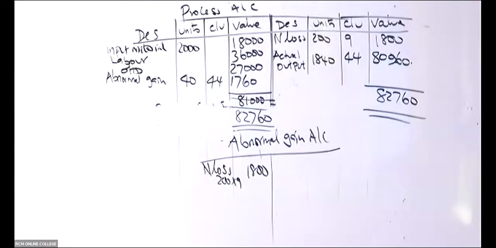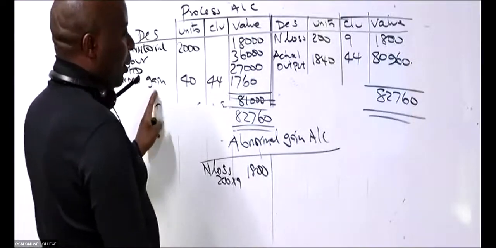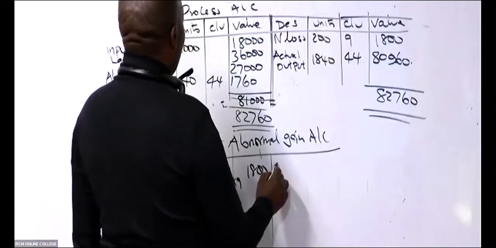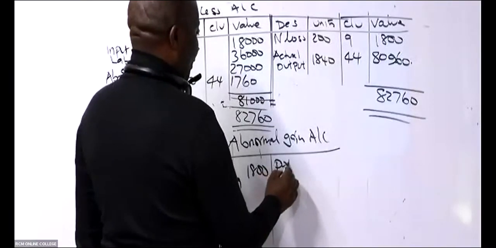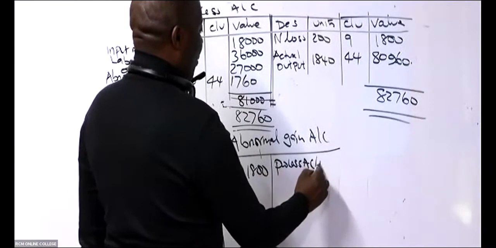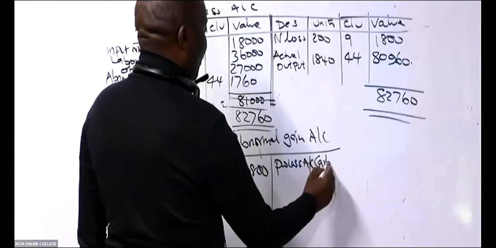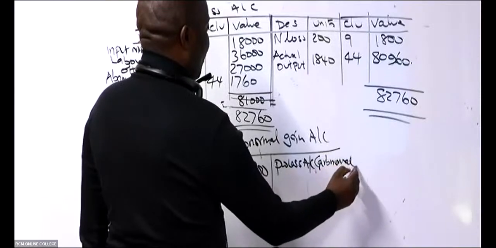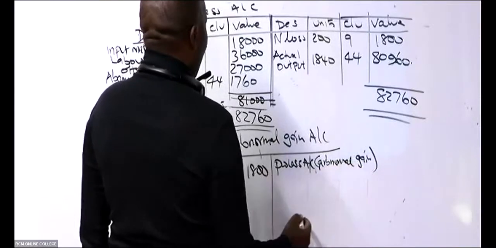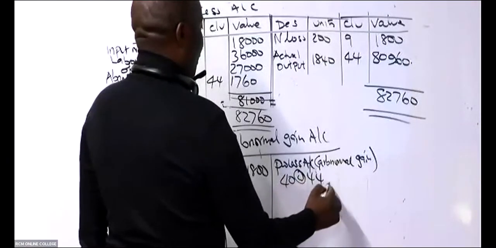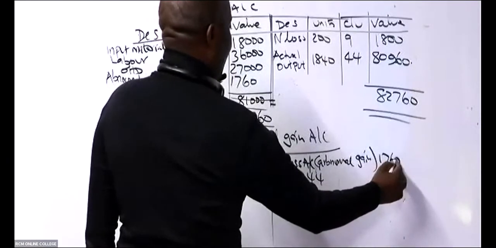And then we have abnormal gain. It's debited here, so it shall be credited. So we have here from the process account, abnormal gain, 40 at 44, giving us 1760. Great.